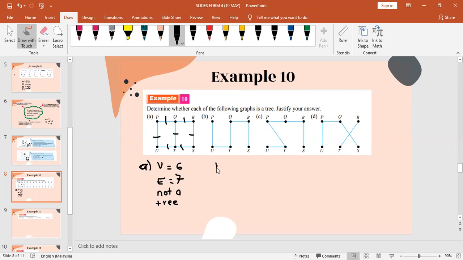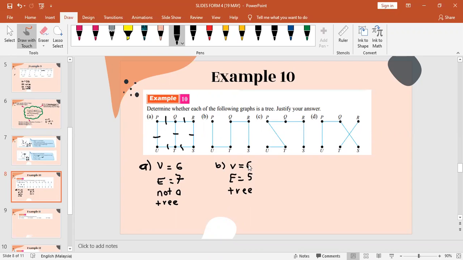Okay, for B. How many vertices does B have? 6. 6 vertices. What about the edges? 5. So, is this a tree or not? Yes, a tree.